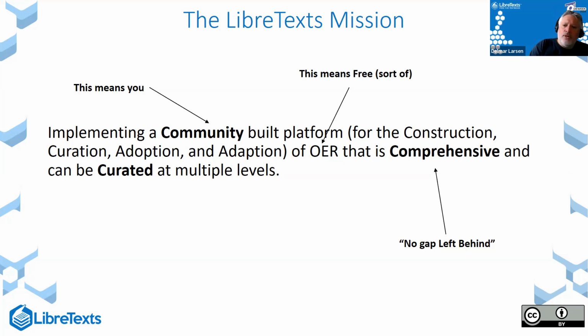In other words, if it is of interest in academia and education, we want to address it within our infrastructure. To do so, we have multiple libraries where each library focuses on a specific field. We have 16 libraries. We're also interested in this from a vertical perspective, from the K-12 level all the way up to the graduate level. So there is a lot of area to cover there.